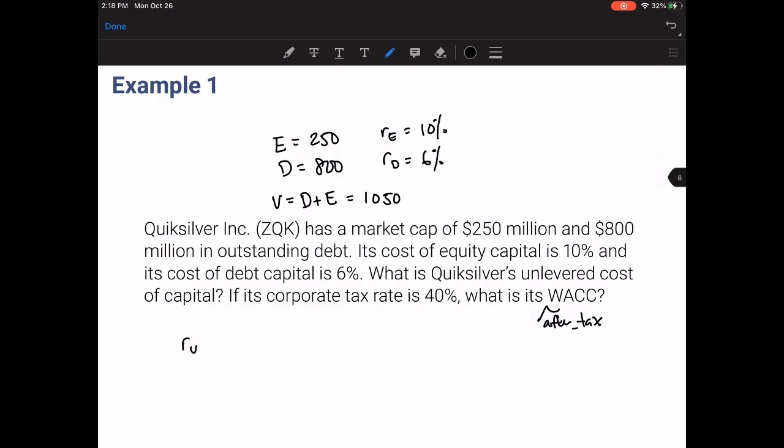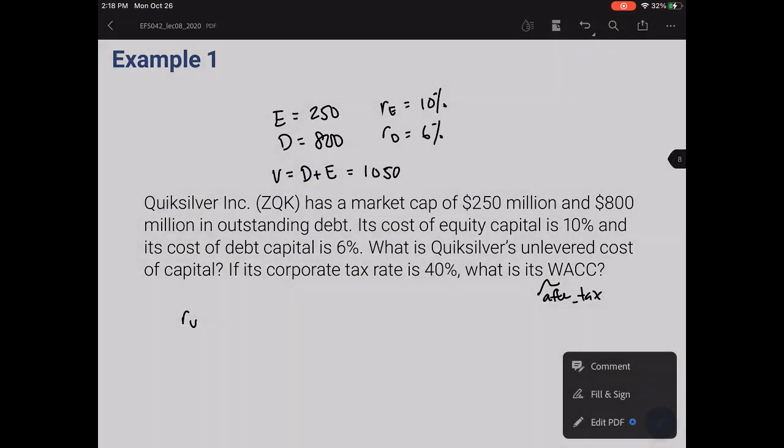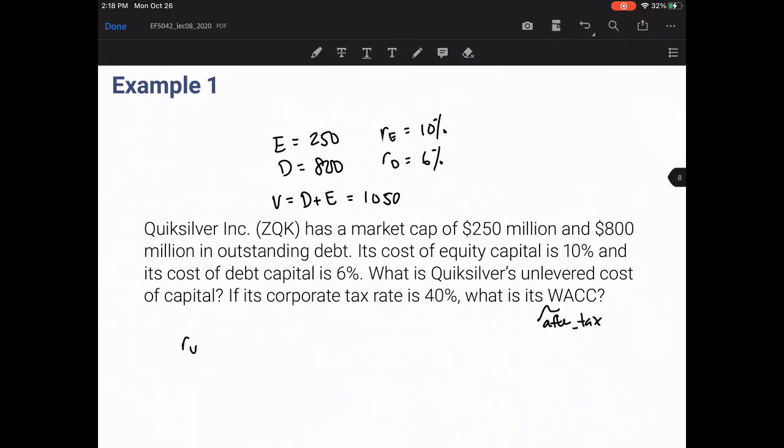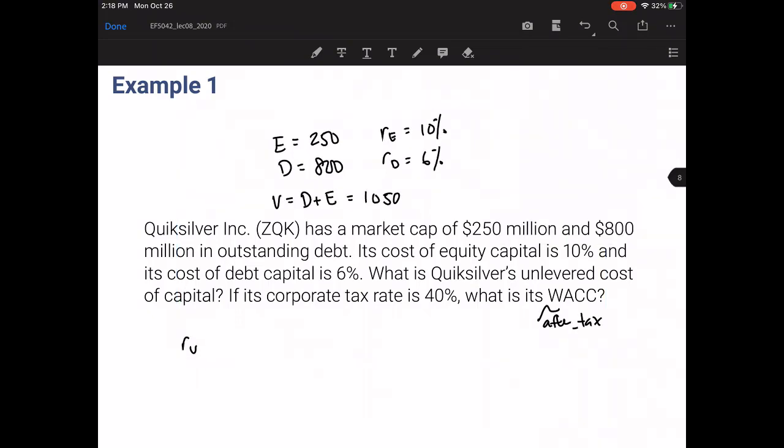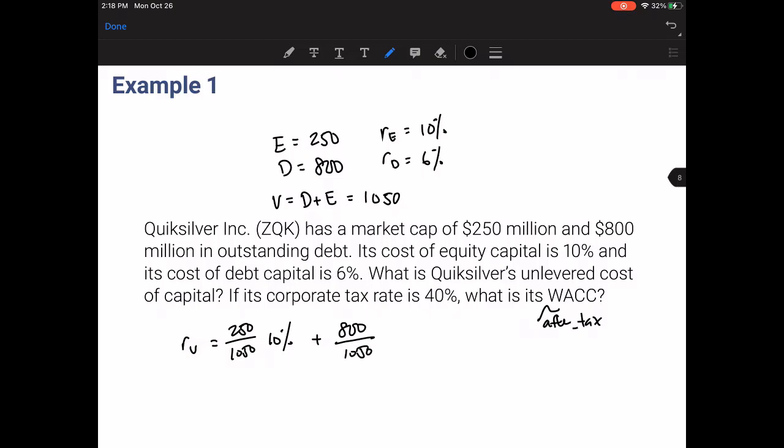Okay, so in that case, we can simply calculate the pre-tax WACC by taking the ratio of equity, that's 250 over 1050, multiplying by 10%, adding it to the debt ratio, which is 800 over 1050 times 6%, and that's going to give us roughly 7%.